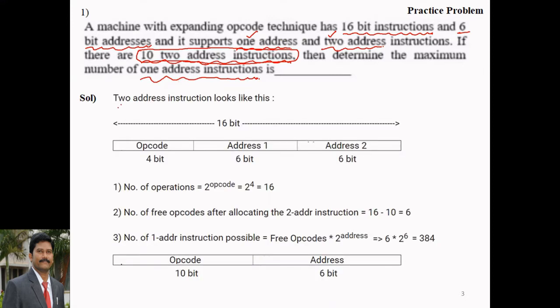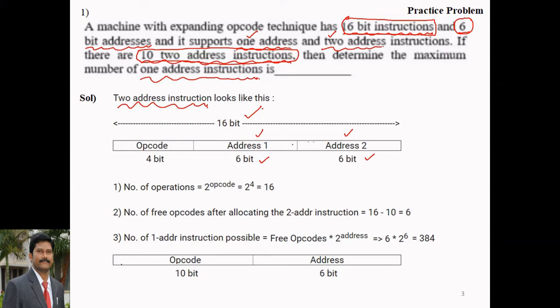First you need to write the larger instruction, because 10 two address instructions are given. The total instruction format is 16 bits, and each address is 6 bits, so address 1 and address 2 are 6 bits each.